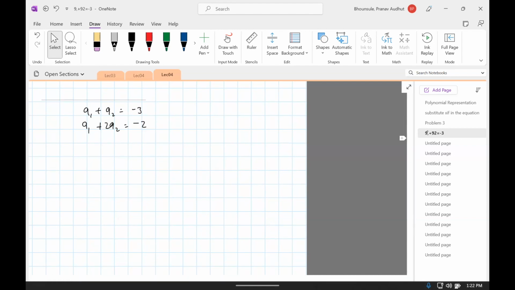Now, one way to do this is to write this as a matrix. Method 1, if you have access to a calculator, a computer or Octave, you could just do it this way.